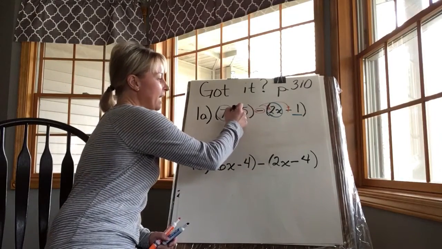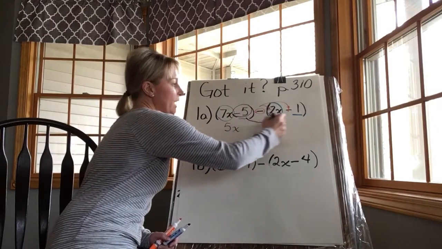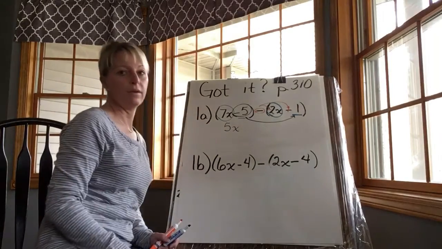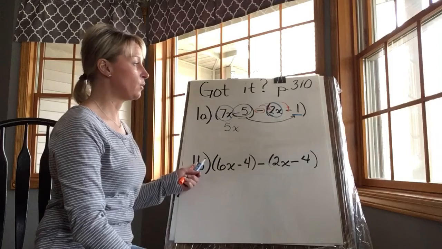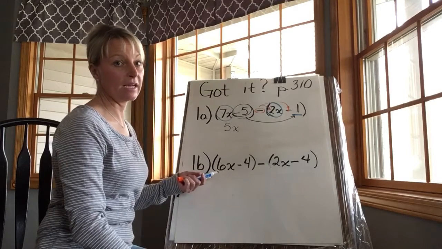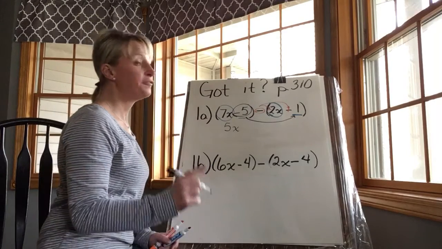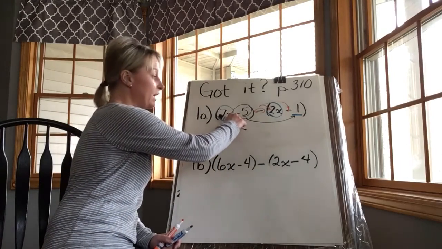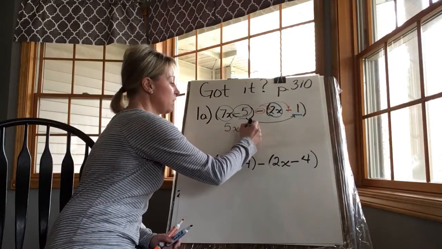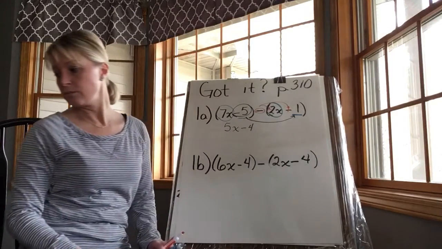Then we have a negative 5 and a positive 1. If we have the negative 5 and the positive 1, we subtract because they're a positive and a negative. So 5 minus 1 is 4, but you keep the sign of the higher number, which would be the negative 5, so our answer is a negative 4.